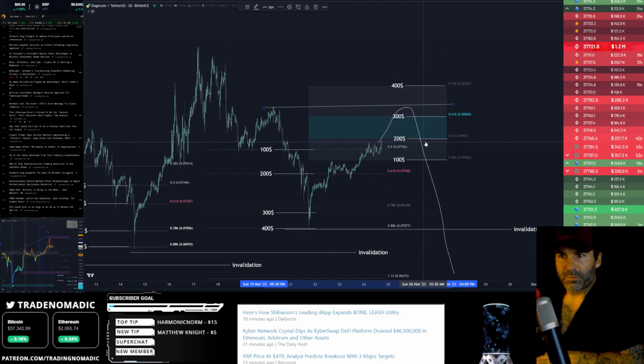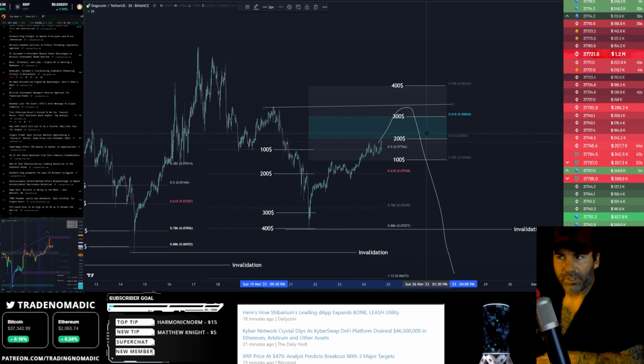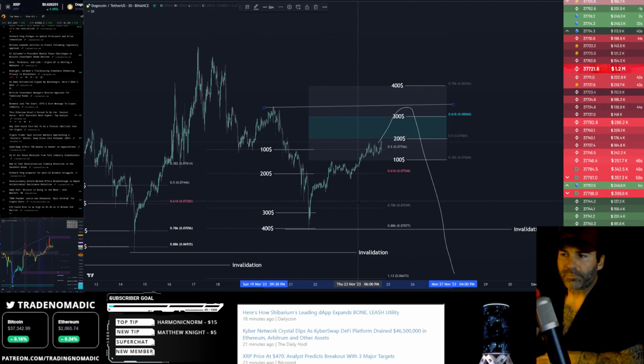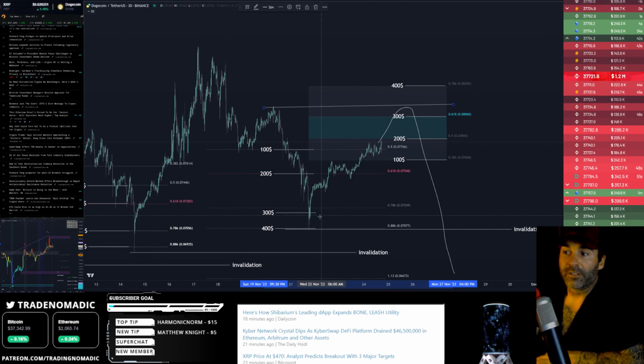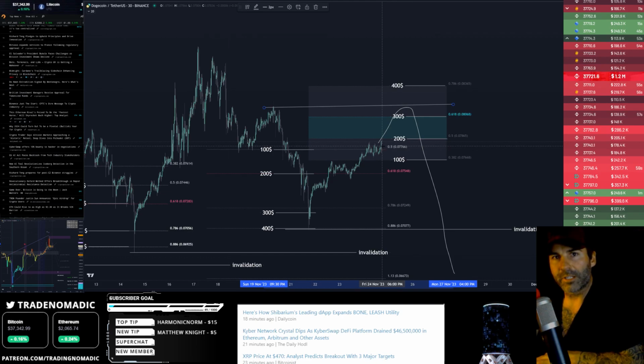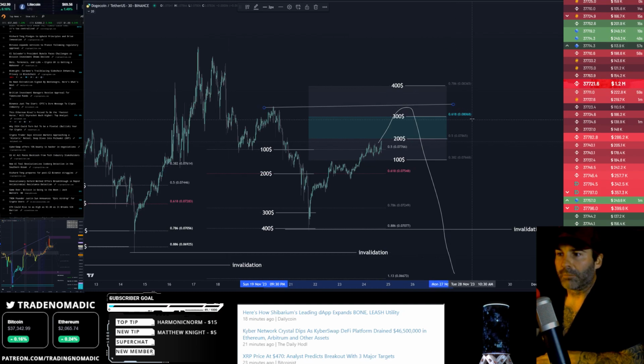And you could do this blindly because the mathematical odds are going to be on your side. If you're buying deep value levels and you're selling retracement levels or extensions, the bigger piece of the pie is always going to be the reward over the risk.